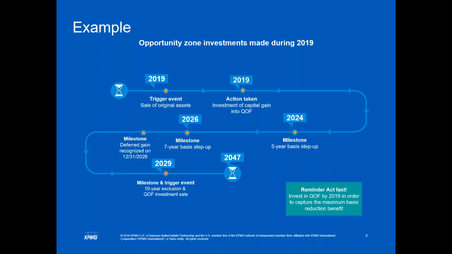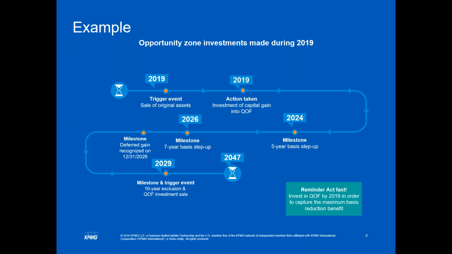The next significant date is in 2026. That would be the 7th anniversary. There would be another 5% basis step up, and Phil talked about the benefit of these step ups, because these are actually eliminating some of your gain on the previous transaction. However, at the end of the year in 2026, on 12/31/2026, any remaining deferred gain must be recognized.